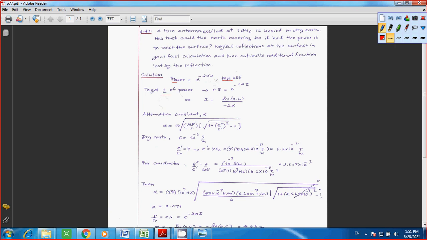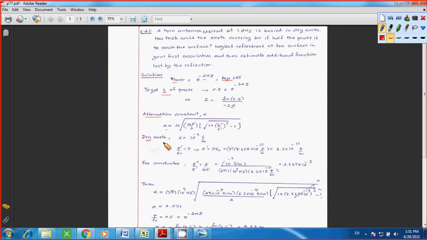So to get half power, simply have 0.5 equal to exponential negative 2 alpha z. We apply ln to both sides of the equation. You end up with z equal to ln 0.5 divided by negative 2 alpha. So you need to look for your alpha, and this is your equation from the book.